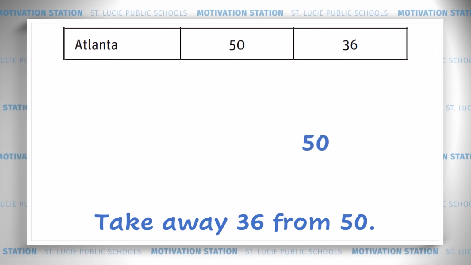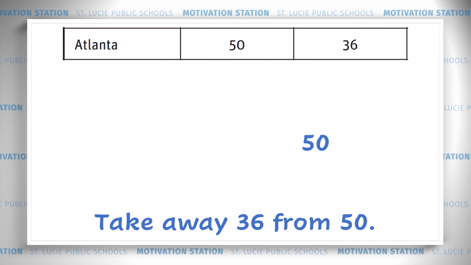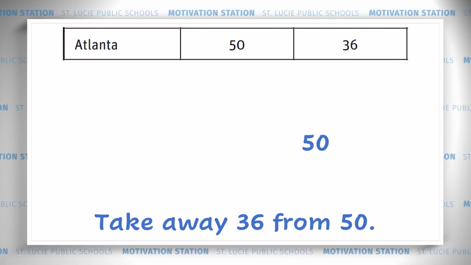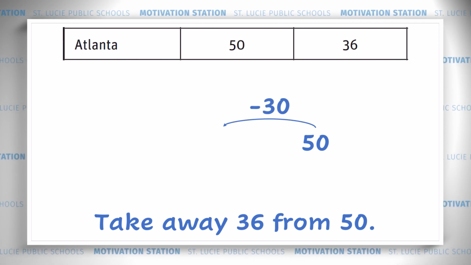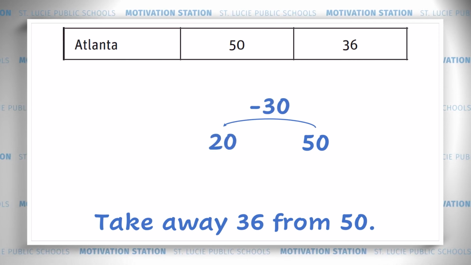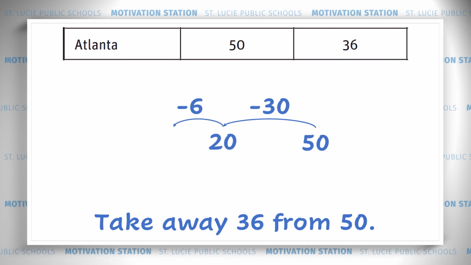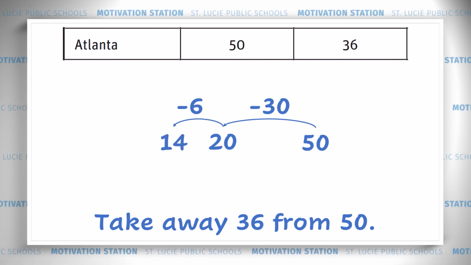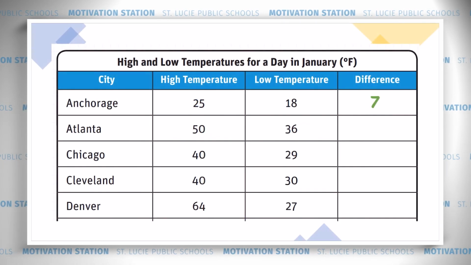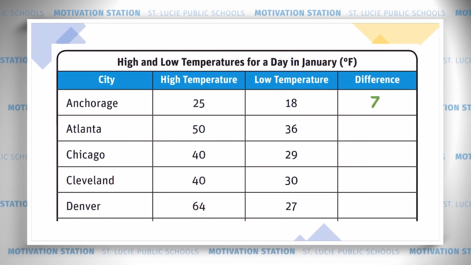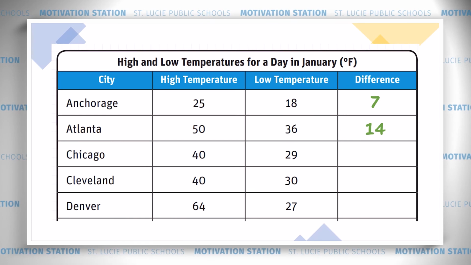So we start at 50, and when we take away, we're going to do this by breaking up our 36. So we're going to do -30, which is 20, and then we're going to go -6, which is 14. And there we go. Now we write in 14 for our answer for Atlanta.